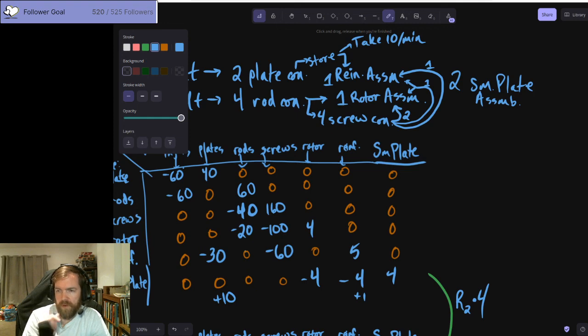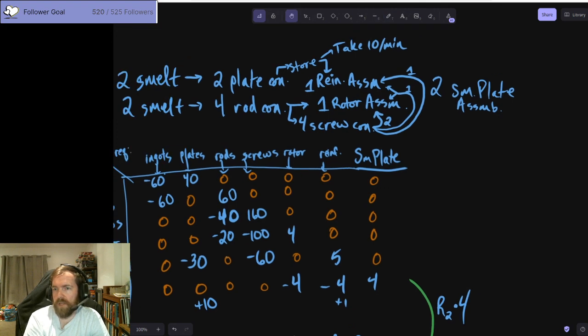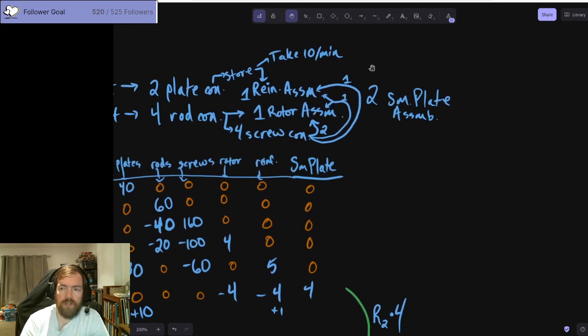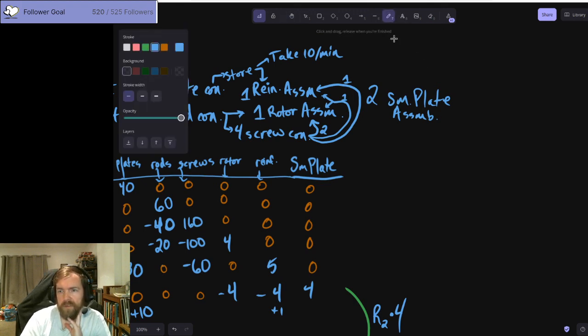They split into 2 smart plate assemblers. Right, I already wrote that. It's right there. I should know that. Right, so then the reinforced assembler will split. It's dumb. Why did I do that?